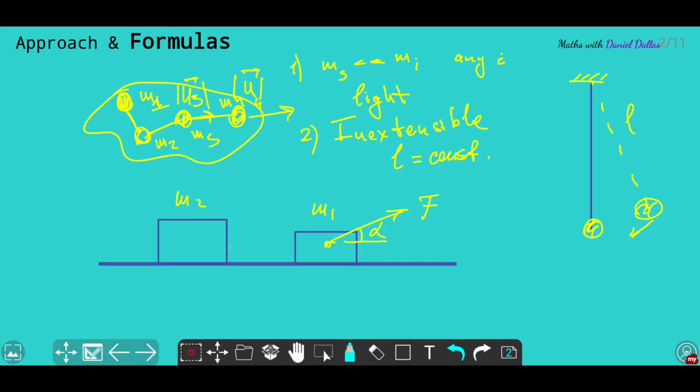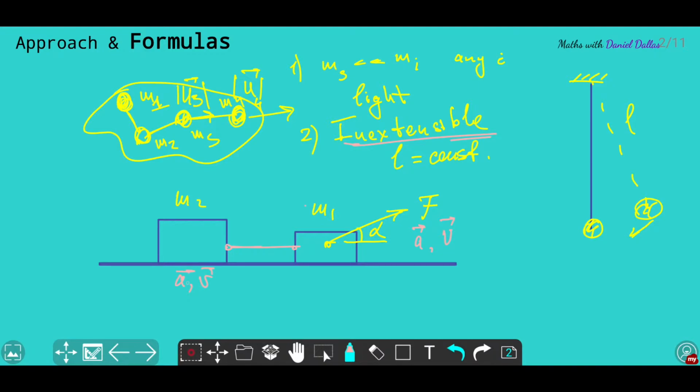Let's depict the string with the red line, actually the pink one. And this string is inextensible. If it's inextensible, it means if m1 has acceleration a and velocity v, in our case, m2 will also have the same parameters.